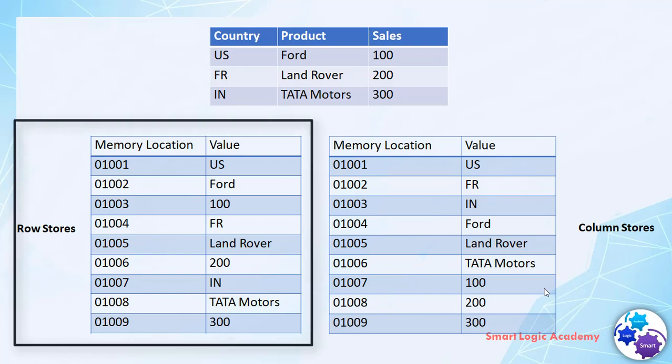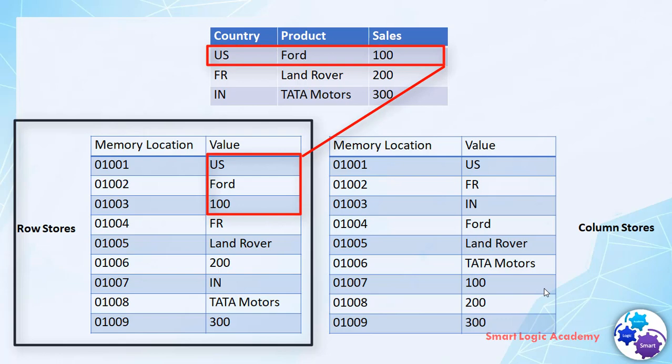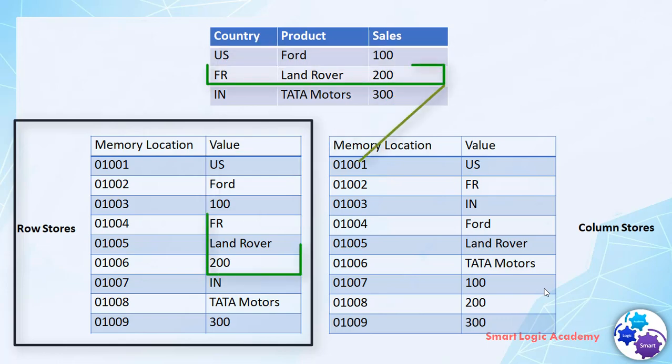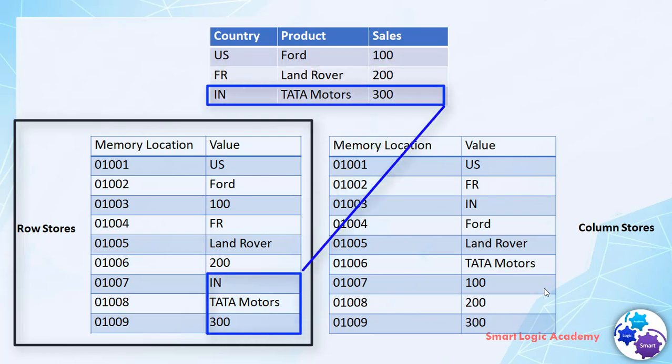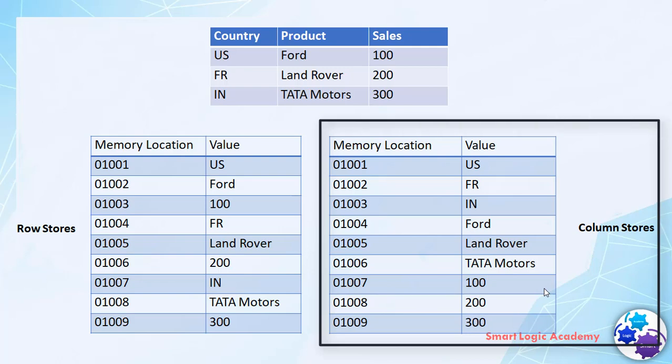A row store stores a sequence of records that contains the fields of one row in the table. In column store, the entire columns are stored in contiguous memory locations.